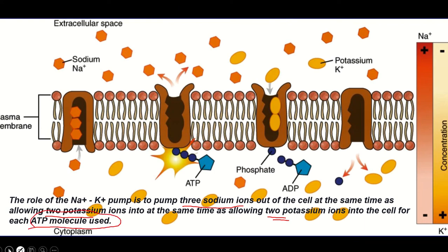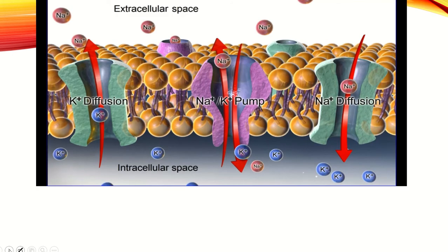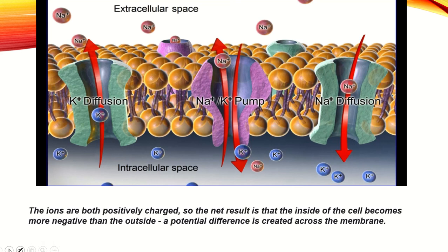Both ions are positively charged. So the net result is that the inside of the cell becomes more negative than the outside. That is, a potential difference is created across the membrane.